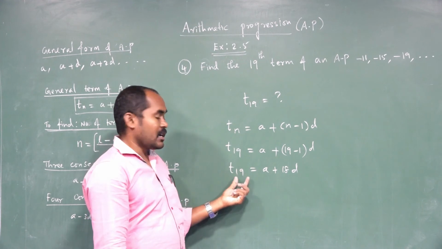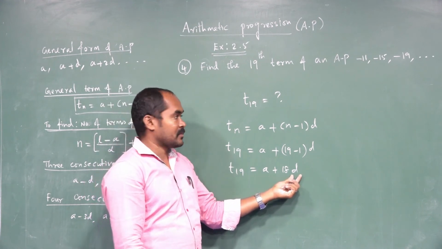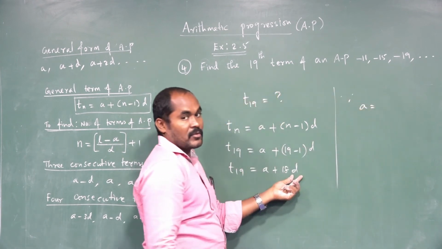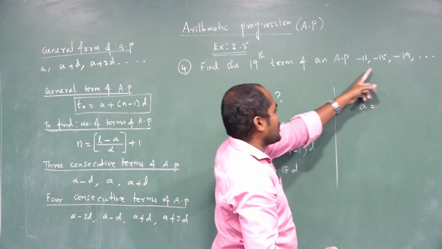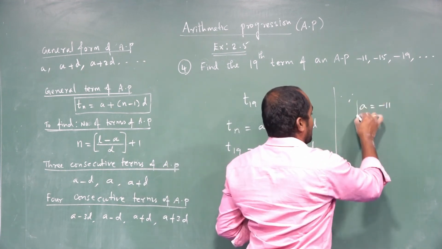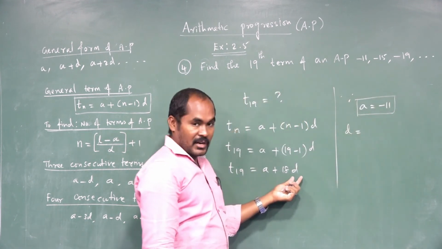We need the 19th term. So substitute the A value and D value here. You know the A value is the first term. In this sequence, the first term is minus 11. So A value is minus 11. Then we need the common difference.